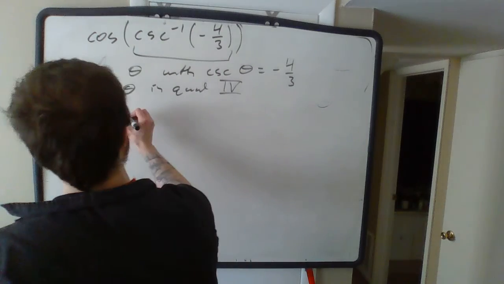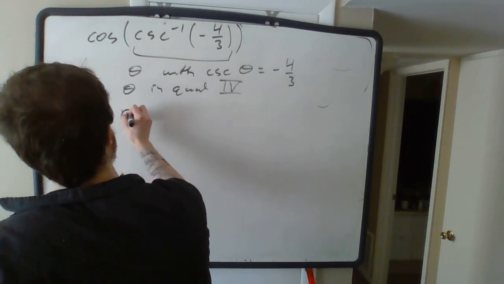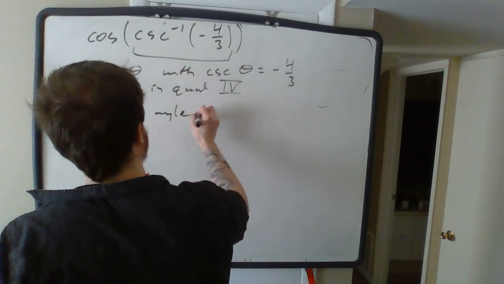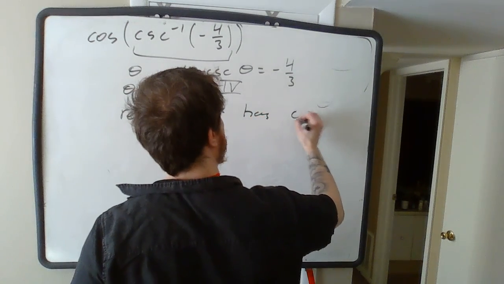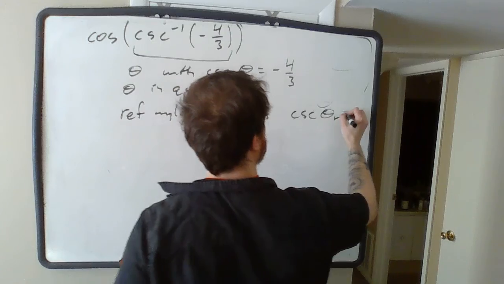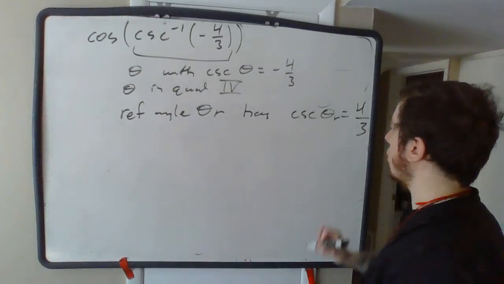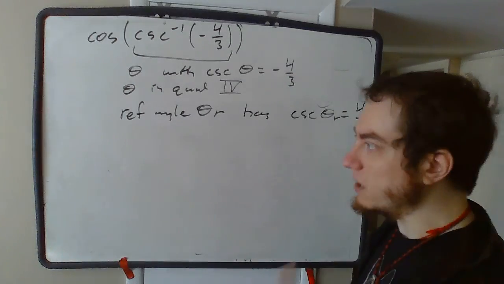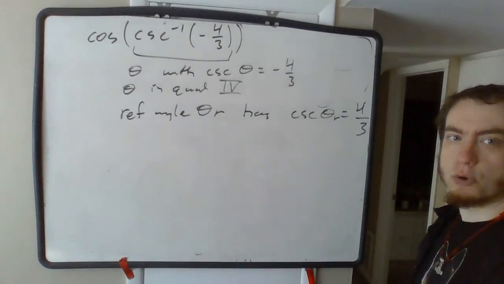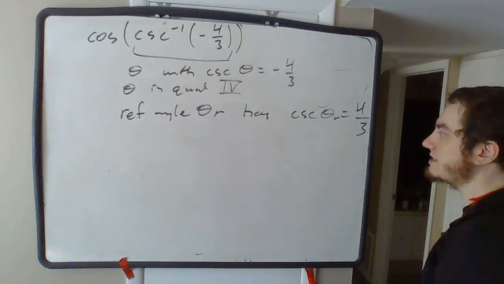And we also know that for the reference angle, we have the cosecant of the reference angle being equal to 4/3. Because the reference angle always sits in quadrant 1, and in quadrant 1, all the trig functions are positive.